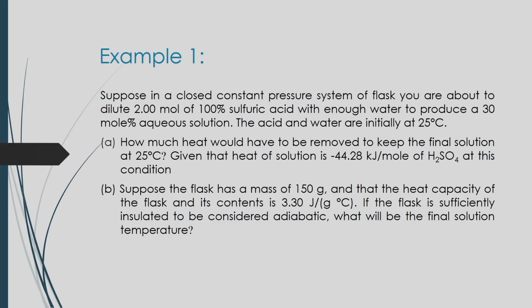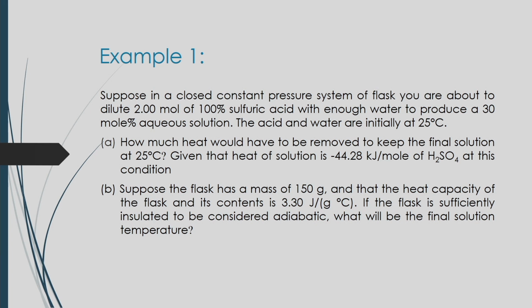Now, in this case, suppose in a closed constant pressure system of a flask you are about to dilute 2 moles of 100% sulfuric acid with enough water to produce a 30 mole percent aqueous solution.